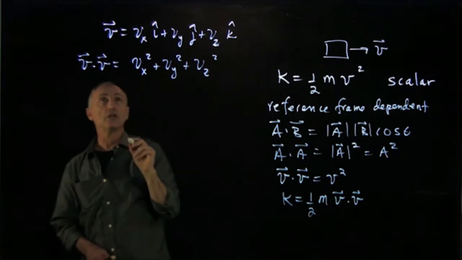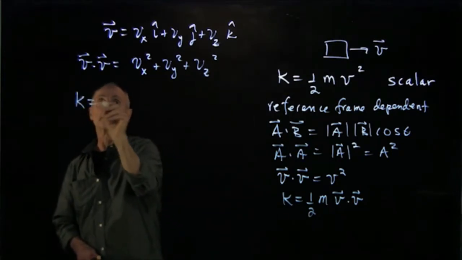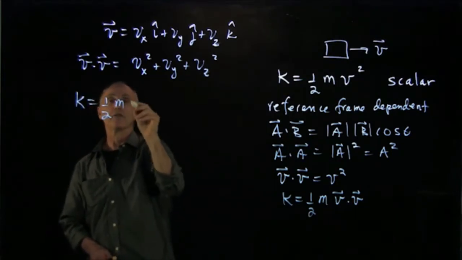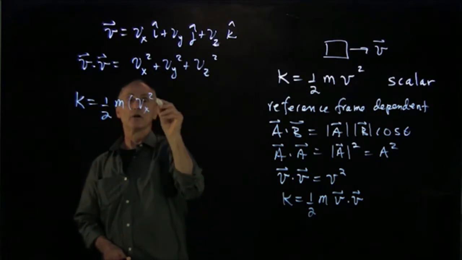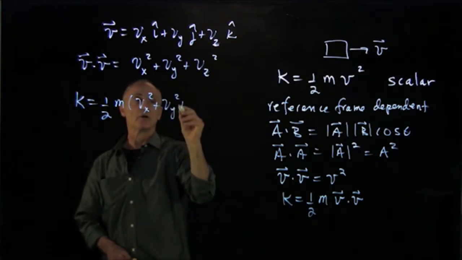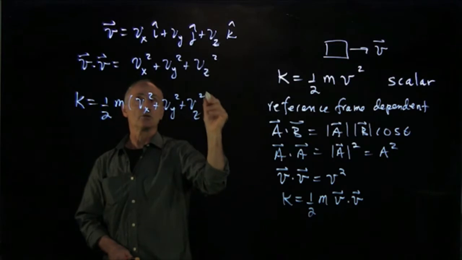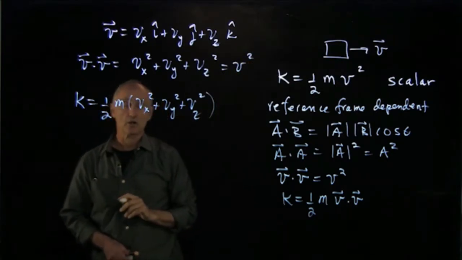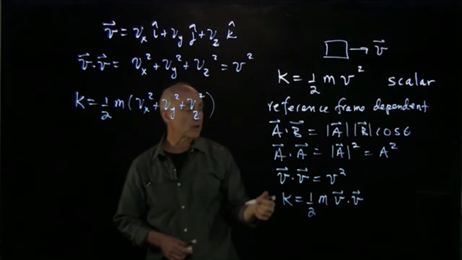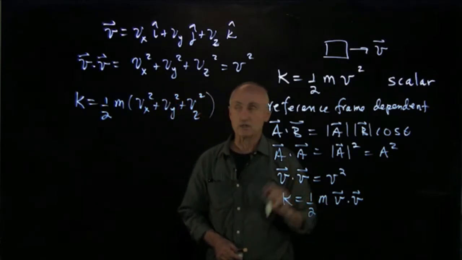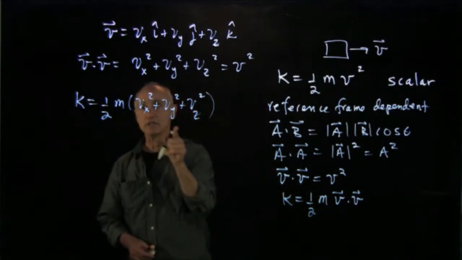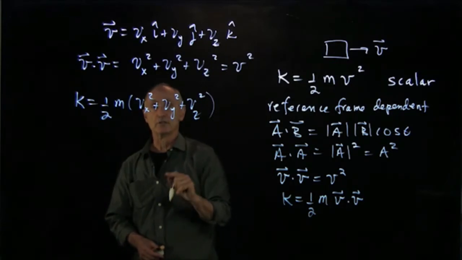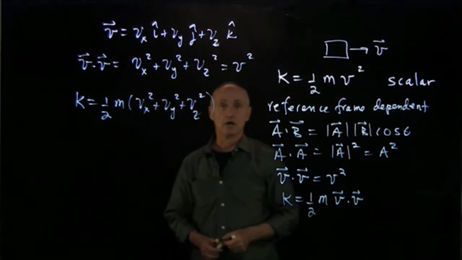And so in a Cartesian system, we can now say that the kinetic energy is 1/2 m (vx squared plus vy squared plus vz squared), because that's the velocity squared. So there's a simple way to express abstractly the kinetic energy as a dot product, and explicitly in a coordinate system as the sum of the squares of the components of the velocity.